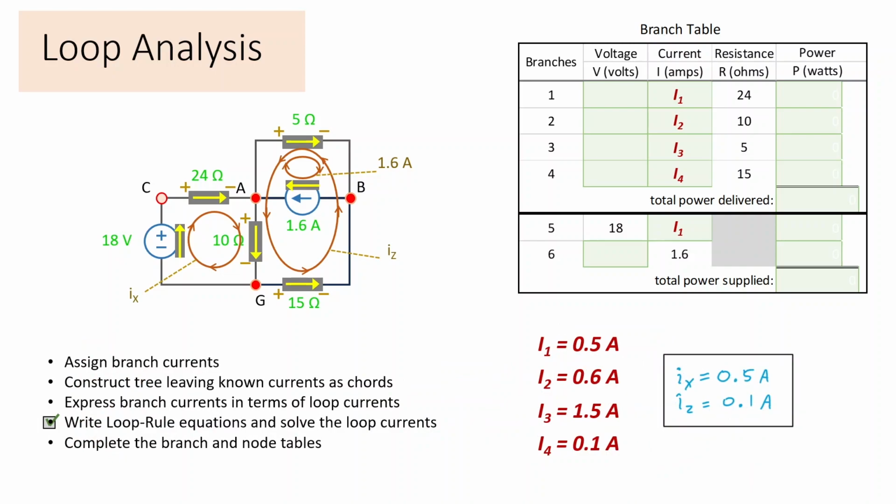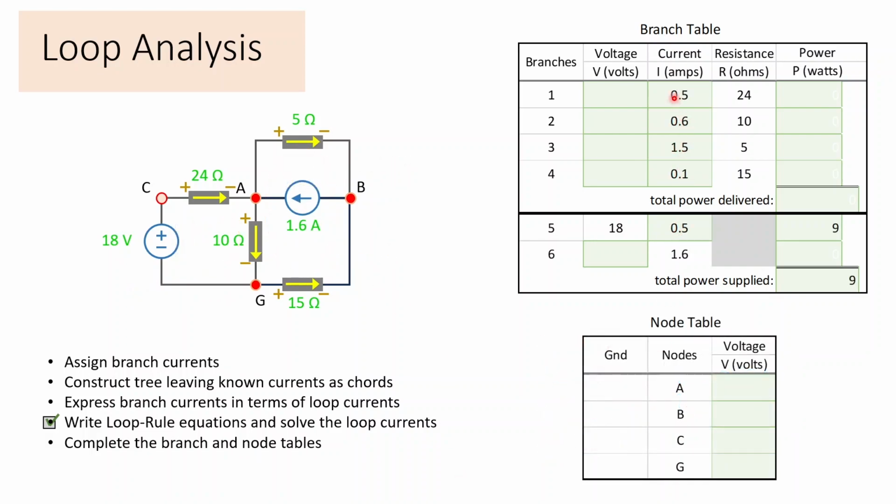So we can do the algebra, which I'm not going to show, and solve for the loop currents and plug those in to get the branch currents. So it's sort of a similar procedure, but there's no supermesh needed. We just have to take care that the known current sources are chords, not part of trees.